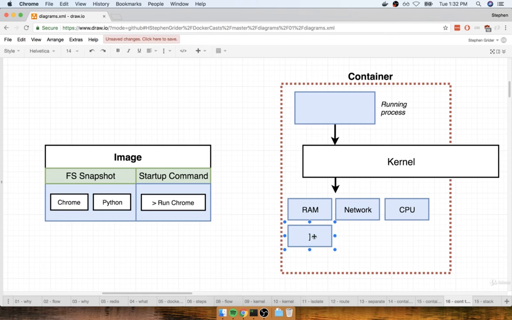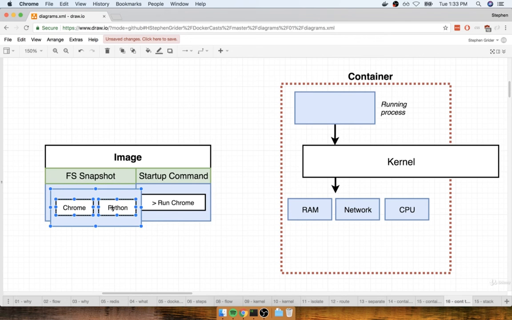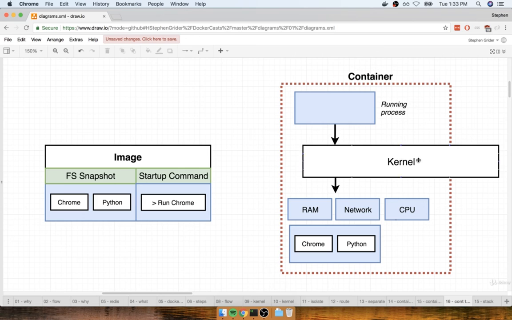And so we can imagine that after that little subset is created, the file snapshot inside the image is taken and placed into that little segment of the hard drive. And so now inside of this very specific grouping of resources, we've got a little section of the hard drive that has just Chrome and Python installed, and essentially nothing else.